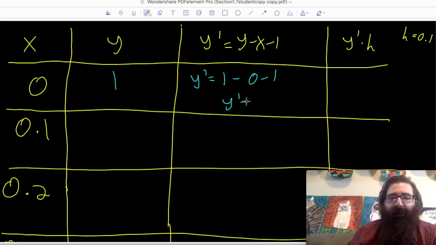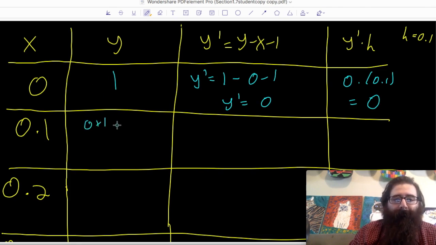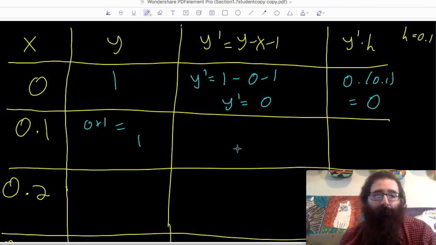This gives me y prime equals 0. If I multiply this by h, 0 times 0.1 gives me 0. I see I have a bit of a slow startup to my table for moving in the y direction, because when I take this 0 and add it to 1, it's going to keep me at 1 for now. But we expect it'll start moving soon.